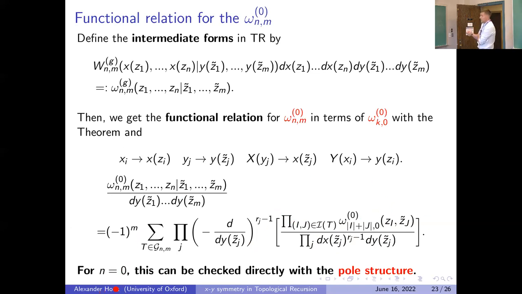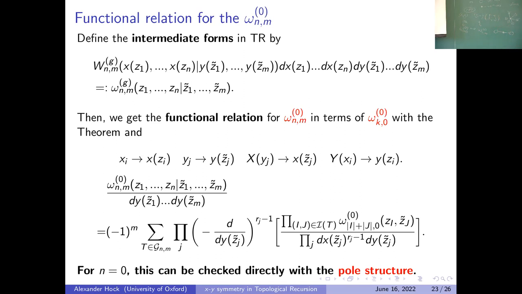And in case of n equals 0, you can actually run topological recursion. Let's say n is equal to 0. You have xy as your starting point and yx as your step. Then you compute all omega 0, 0 and here you compute with TR omega 0, 0, m. And then you can try this formula and look if they are related exactly in this form.